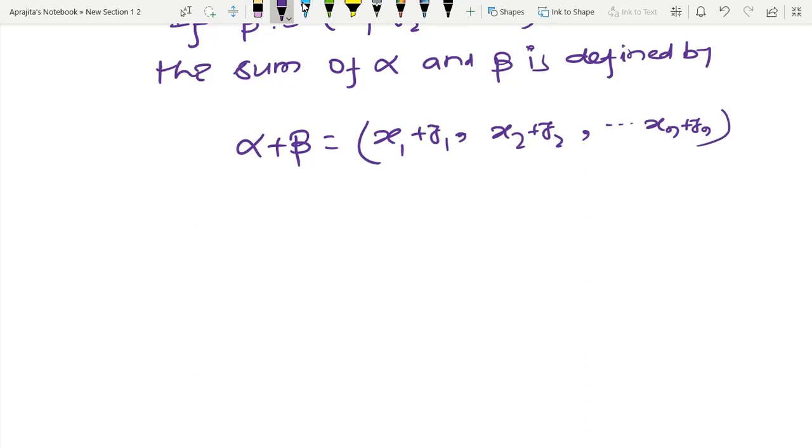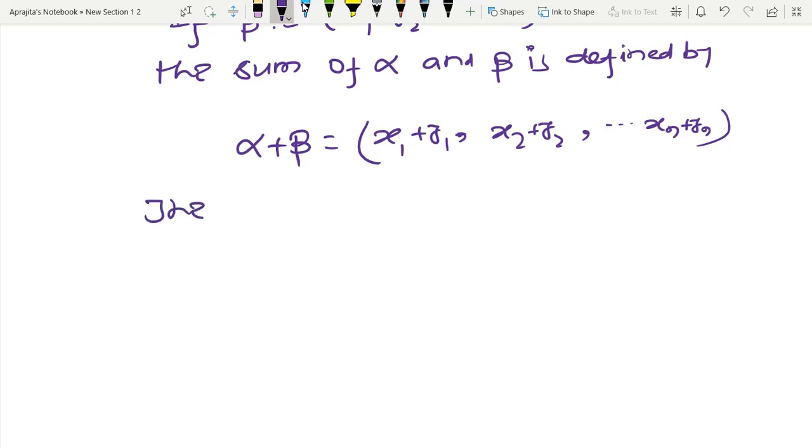So here you can see that I am talking about the generalized n-tuple space. Suppose the field is the complex numbers, then we have to talk about the sum in terms of complex numbers. So this is about the addition. Again, we have to specify the multiplication also.